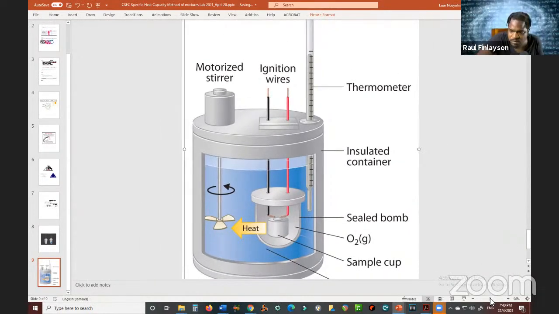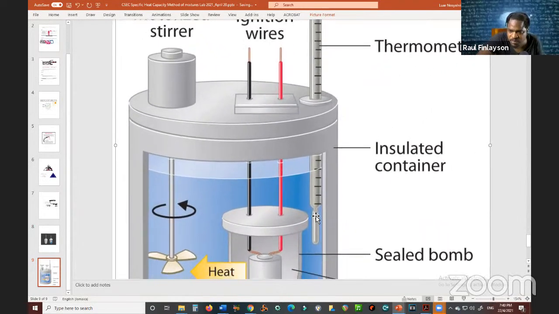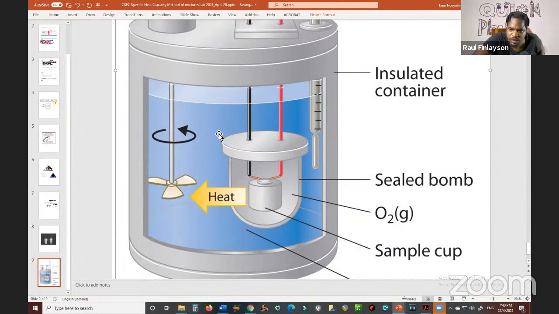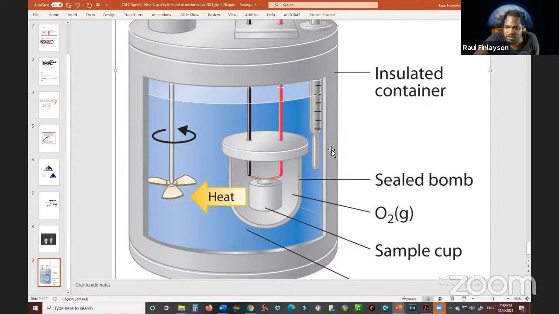So now let's just zoom in. We really don't need to see the top here. So this is like the inside of it, and this would be the water here. The idea is that it reduces the heat loss, so the heat can't really pass through.